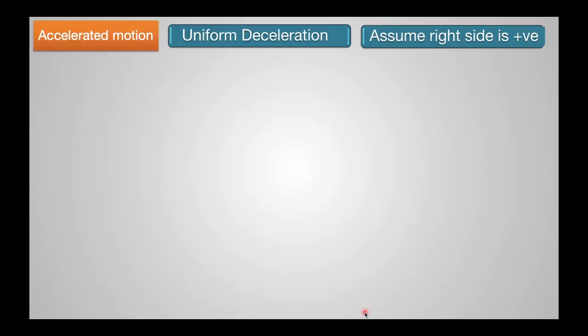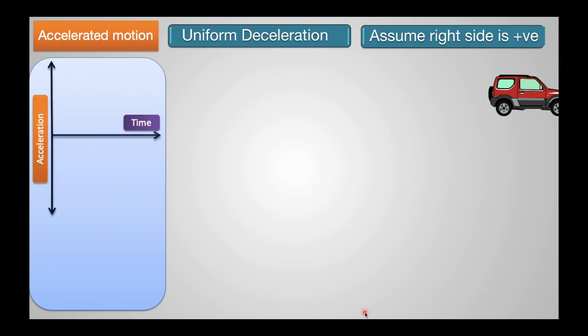The next situation we are going to discuss is uniform deceleration. In the previous part, we have seen uniform acceleration. You can imagine a car moving at a very high speed, coming to rest. First of all, I'm going to plot the acceleration time graph. If the car was moving to the right side and stopping, what will be the direction of its acceleration? As you have seen in the linear motion topic, acceleration always depends on the direction of the resultant force.